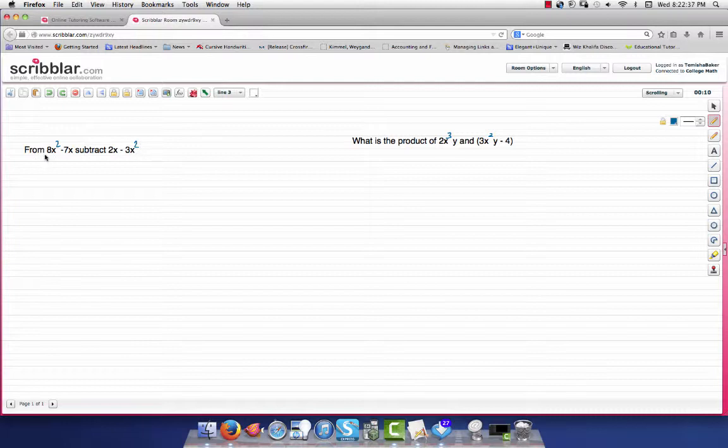So the two things that look alike are the x squared term here and the x squared term here. And then the other ones that look alike are the 7x, or I should say the x variable, and this one has an x variable. Okay, so what we will be subtracting is the smaller variable term from the larger variable term.